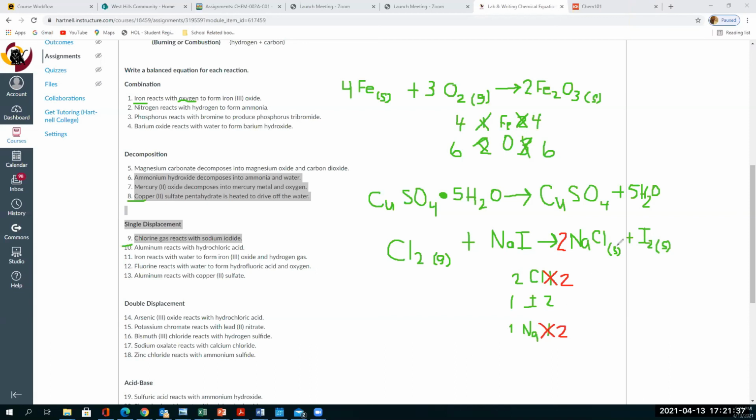That's not a subscript. That's just saying it's a solid. Yep. And now I'd balance sodium on the other side, since sodium is the only one that's in a compound on both sides. Looks balanced now. Okay.